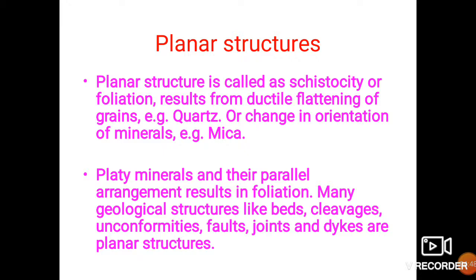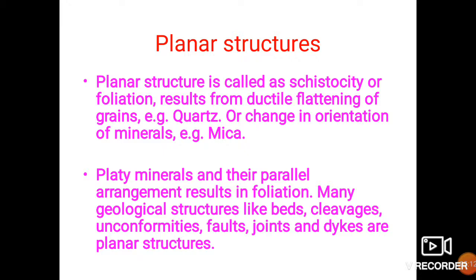The another type of planar structure is foliation. Foliation means the structure which is formed by folias. Folias means nothing but layers, a layered arrangement of a particular rock, and it occurs especially in metamorphic rocks, and it is called as foliation.